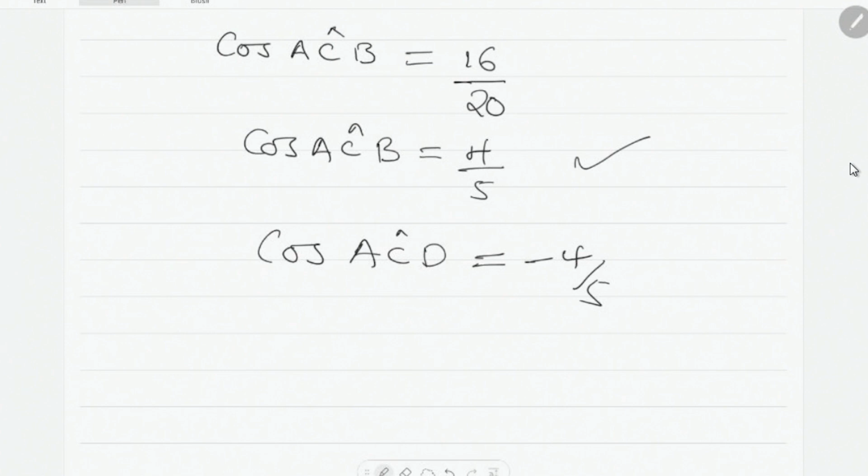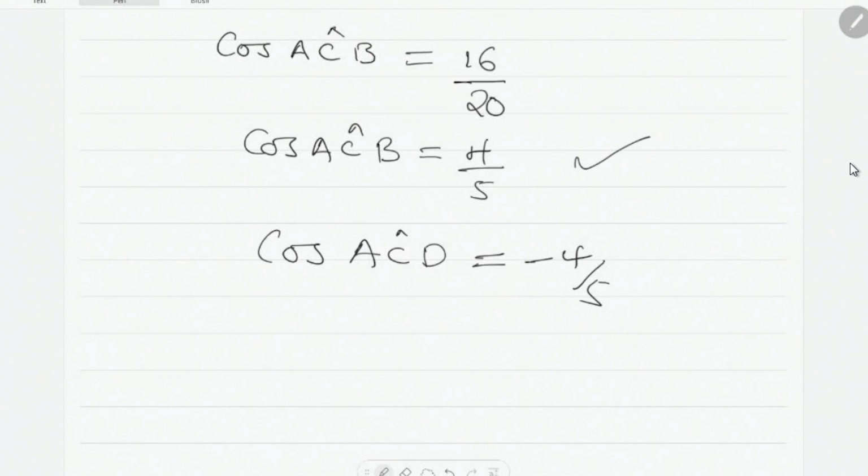So I will multiply the right hand side, which is 4 over 5, by -1, and therefore cosine of angle ACD, which is an exterior angle, this part here, that is the one I'm talking about, will be equal to the right hand side multiplied by -1, so I have -4 over 5.